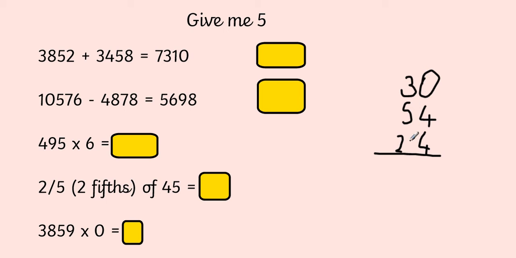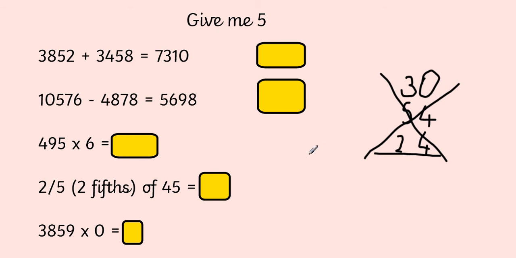Oh, hang on a minute. What have I done wrong there? Have a little think. I've just done 6 times 4, haven't I? Not 6 times 400. I did that deliberately to see if you would spot it, because I've seen some of those mistakes. There we go.